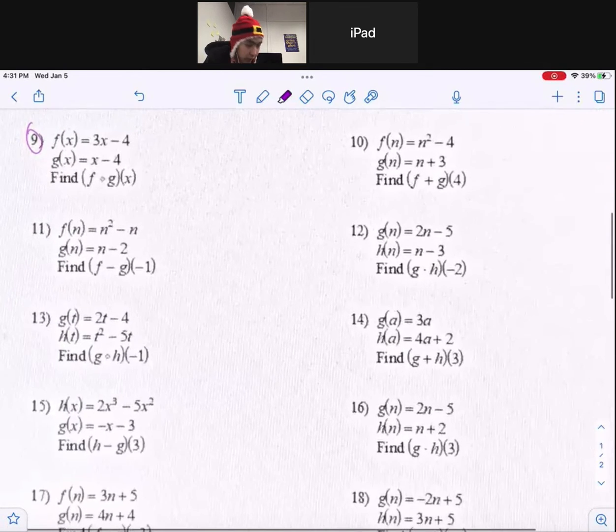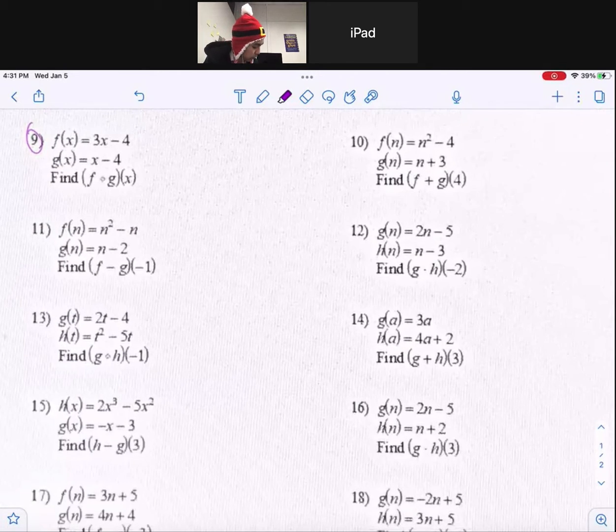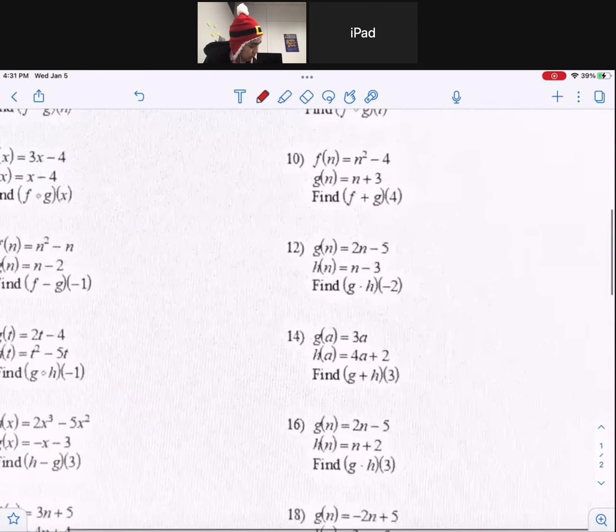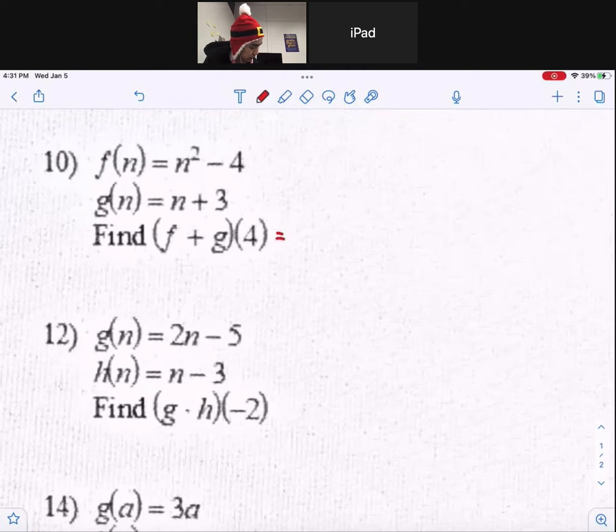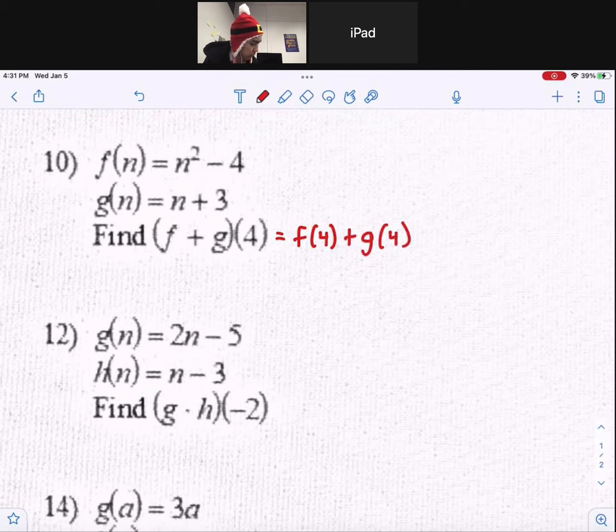Now let's try ones where it has numbers, right? So for number 10, this is f of 4 plus g of 4. Basically, you add these functions together, but now you plug in 4 into each of the functions. If you plug in 4 into here, you're going to get 4 squared minus 4. That's 16 minus 4 for 12.